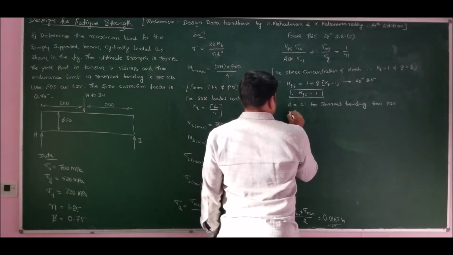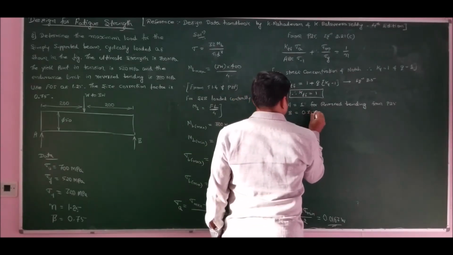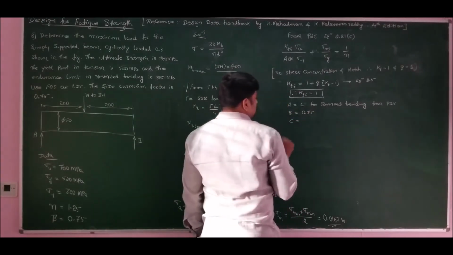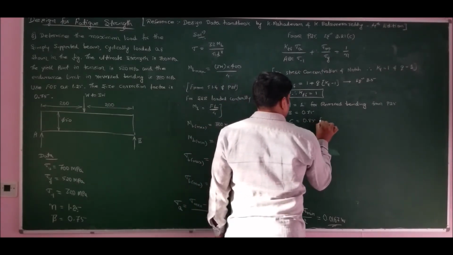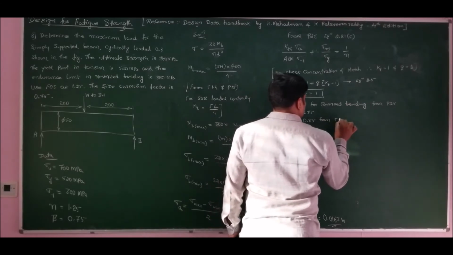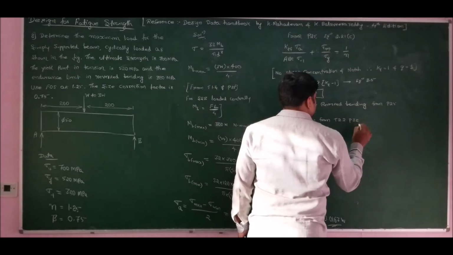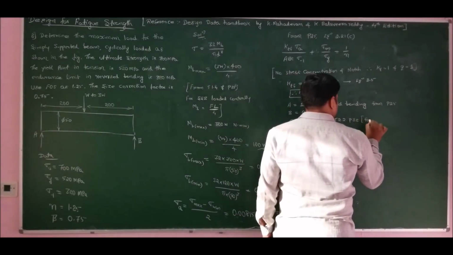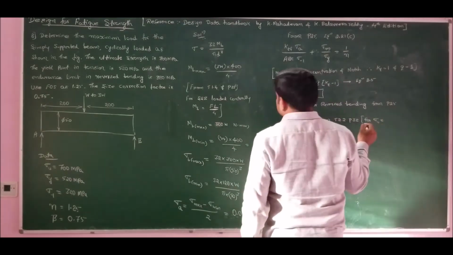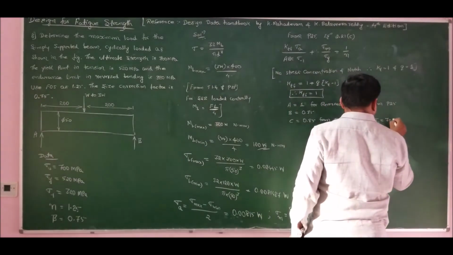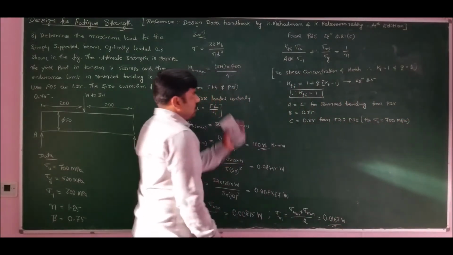Coming to surface correction factor, he has given 0.75. Coming to the value of C, it is 0.85 from table 2.2, referring to page number 32, for sigma ultimate equal to 700 megapascals. I know all the values.